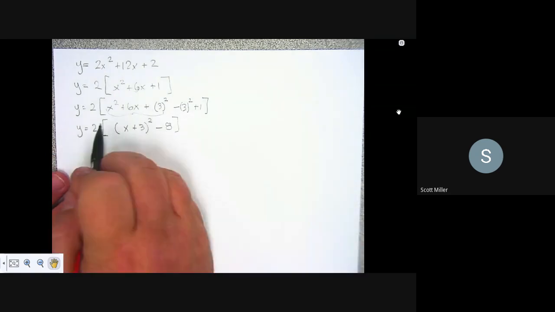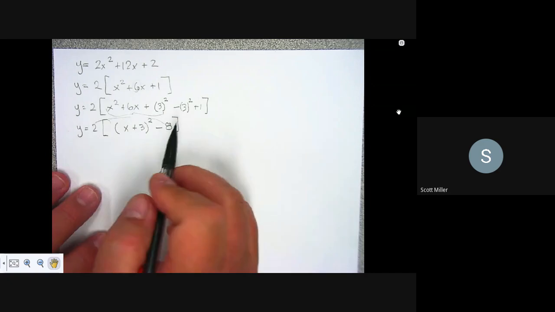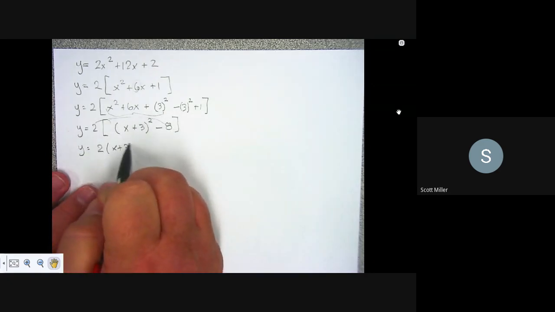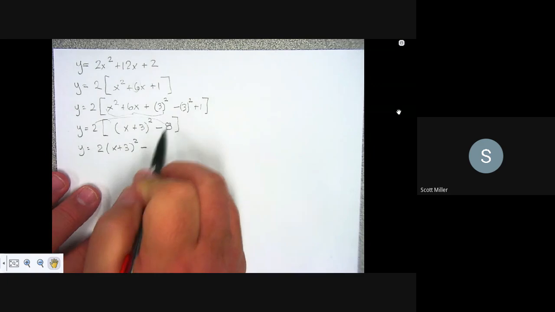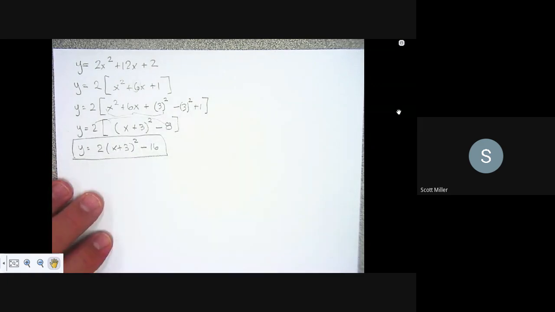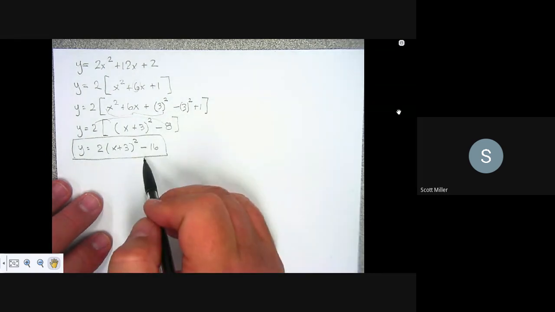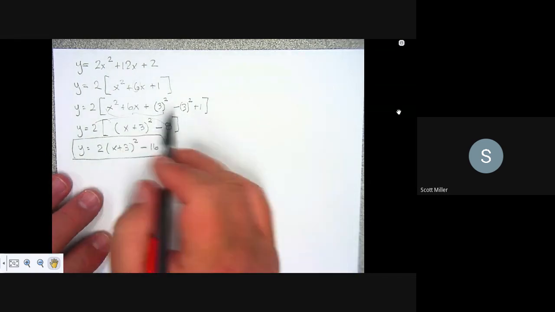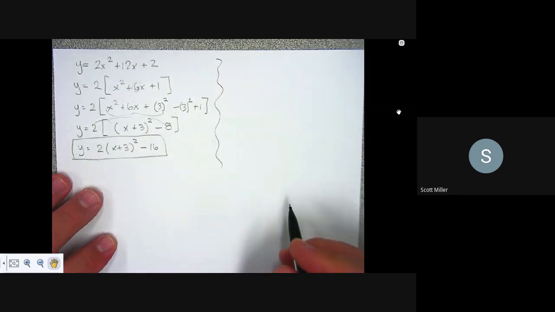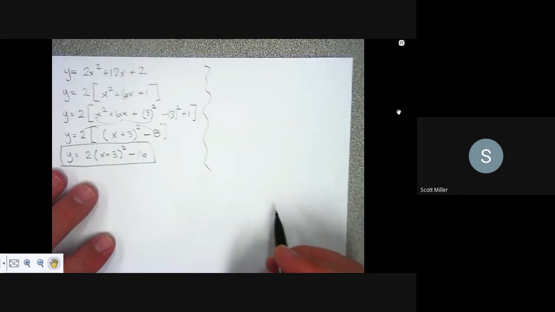The next step is to distribute this 2 back through. And so you get y equals 2 times x plus 3 squared minus 16. So there is their process. That is how they do it. And it's all fine and dandy when they're nice integer numbers. Okay, but you can get some ugly fractions in here. No matter which method you use, you're not going to avoid fractions.